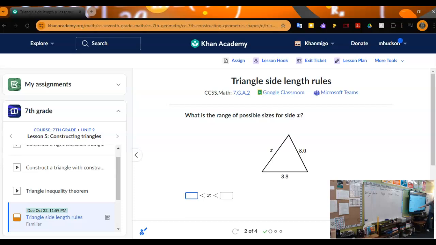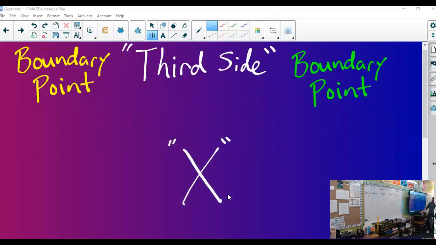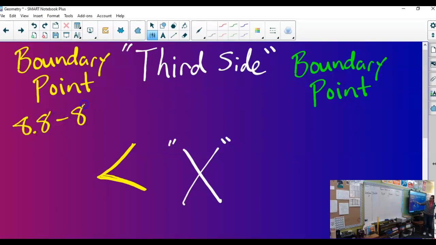This identifier is a huge, critical thing. The less than does not involve the or, right? So when you did that 8.8 minus 8, like for example on this one, and you got 0.8, that 0.8 is what would take your triangle and crush it back to a straight line. If you try to use that 0.8, it flattens out and it's no longer a triangle, it's just a straight line.